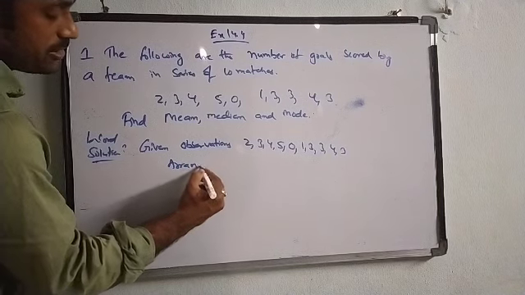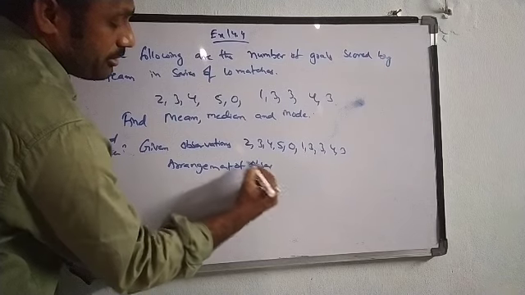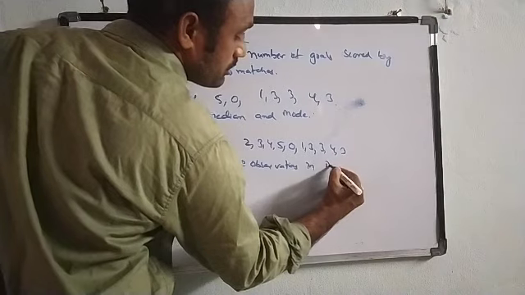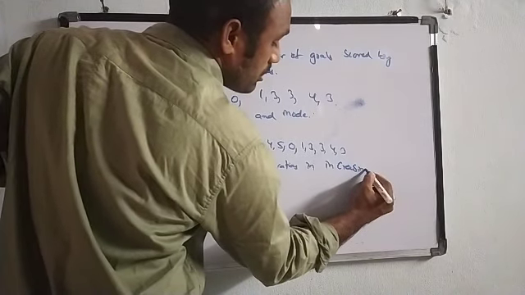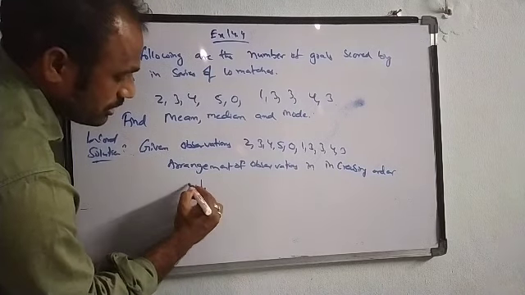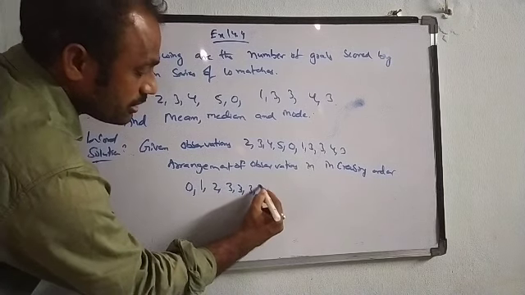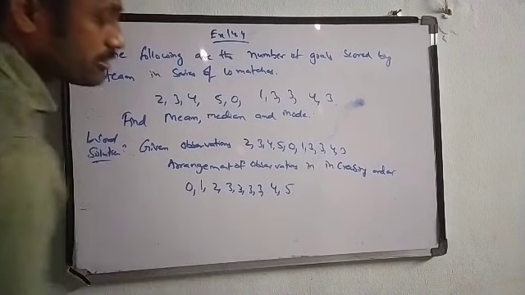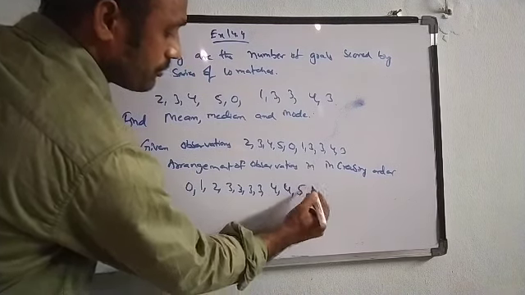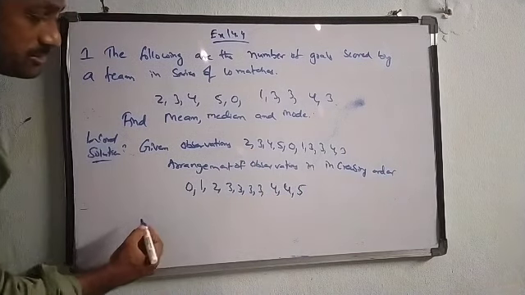Arrangement of observations in increasing order: 0, 1, 2, 3, 3, 3, 3, 4, 4, 5. Two 4s are there. So 1, 2, 3, 4, 5, 6, 7, 8, 9, 10. So 10 observations are there.